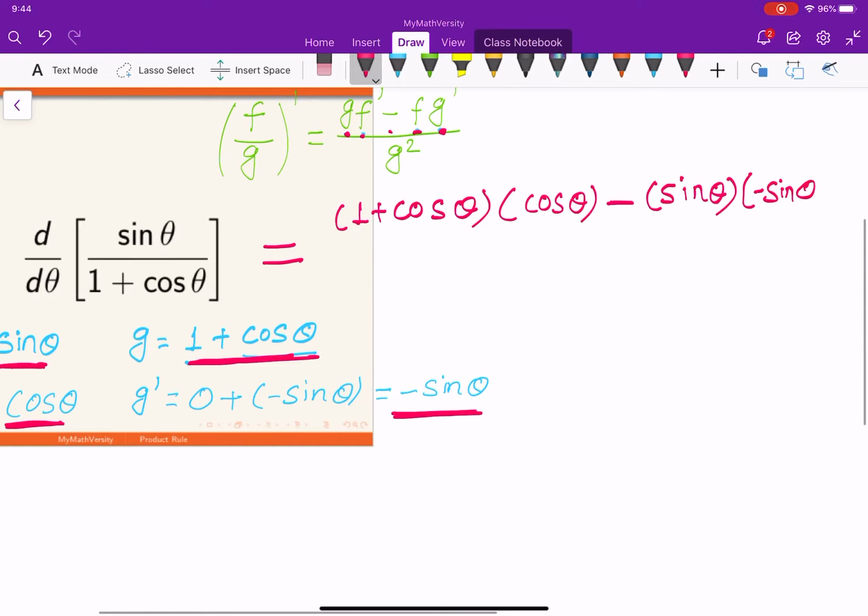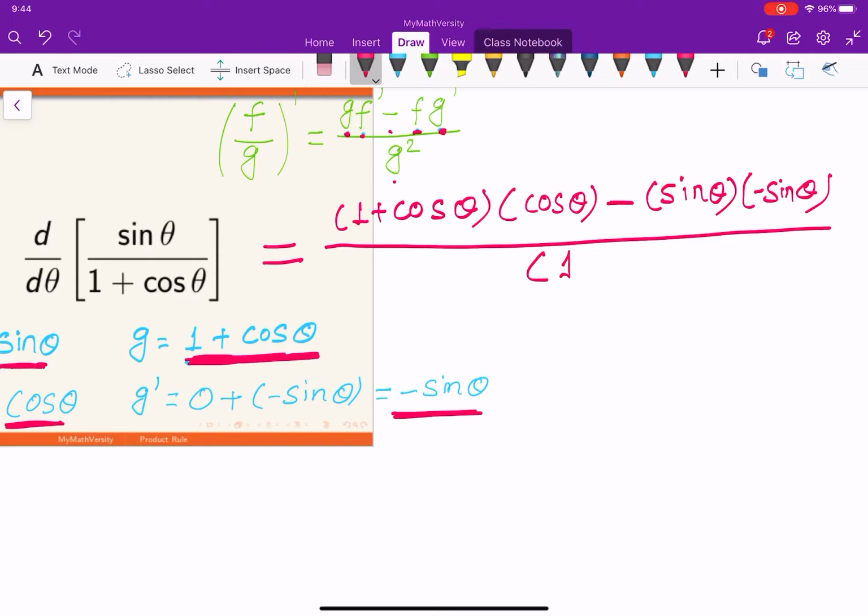This is the expression at the top. Everything underneath is the square of g, which is 1 plus cosine theta, squared. This is the derivative of the given function, and we have properly used the quotient rule.